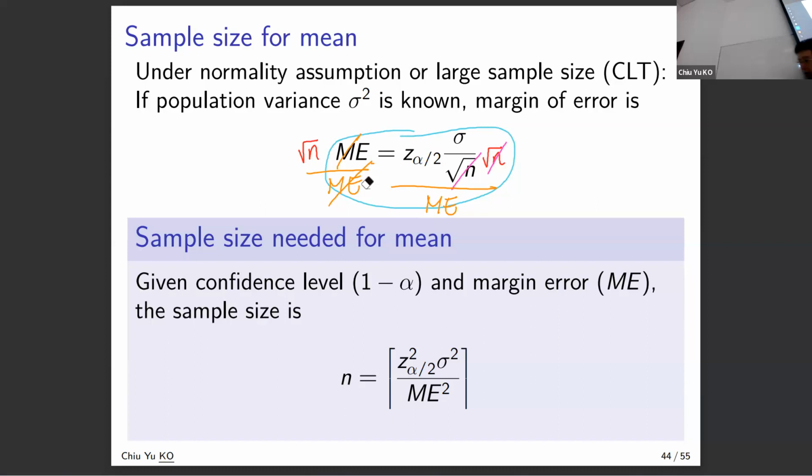And probably some of you would worry about how we can get sigma square. The idea is not that difficult. We need a good guess of sigma square. Remember, we talked about the normal assumption, right? And we learned that under the normal, 99% of data will be within 3 standard deviations, right?